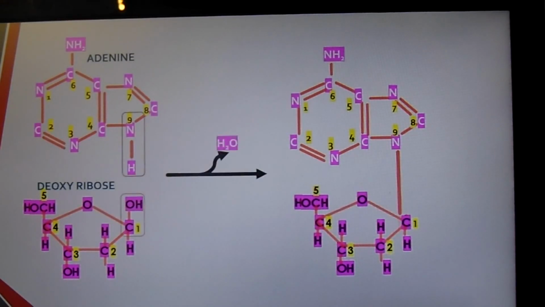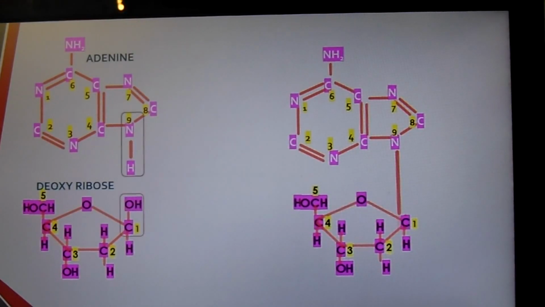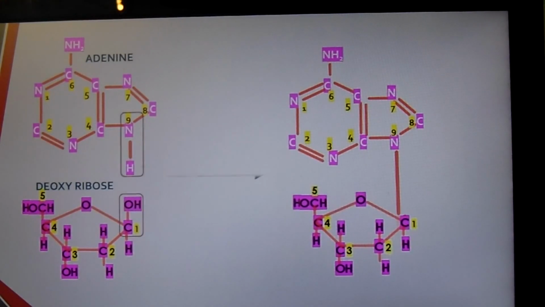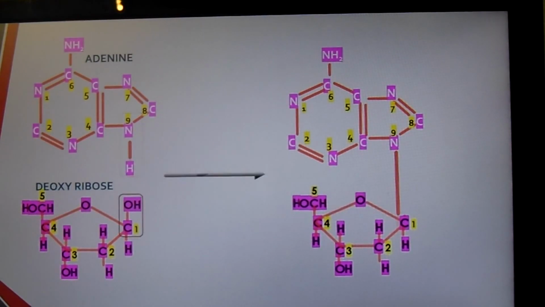Hydrogen atom attached to nitrogen 9 of the purine combines with hydroxyl of carbon 1 of pentose sugar. You can see in this slide when an adenine combines with a deoxyribose, a water molecule is released giving rise to deoxyadenosine. Guanine also follows the same pattern to form deoxyguanosine.